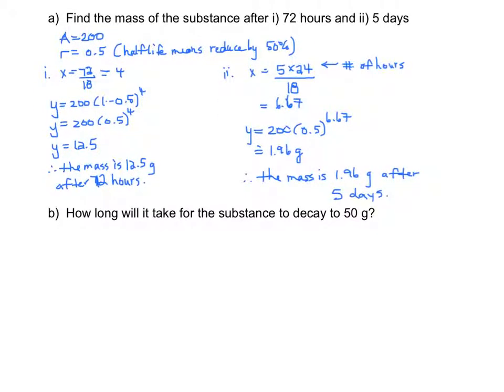Okay, next part of the question says, how long will it take for this substance to decay to 50 grams? So we'll go back to our original formula, which should be y equals 200 times 0.5 to the exponent x. And we want to know how long it will take, so we're solving for x, for the substance to decay to 50 grams. So we'll replace y with 50.